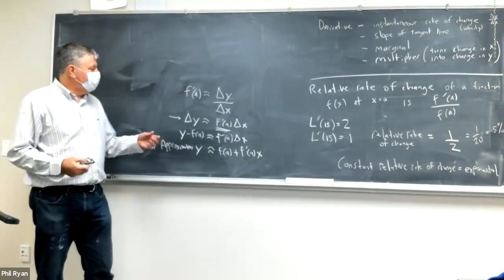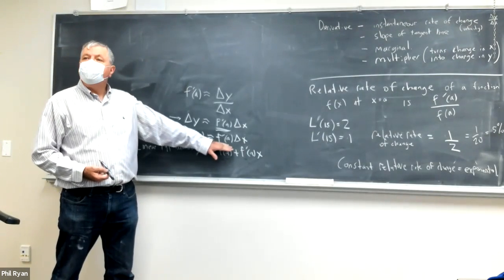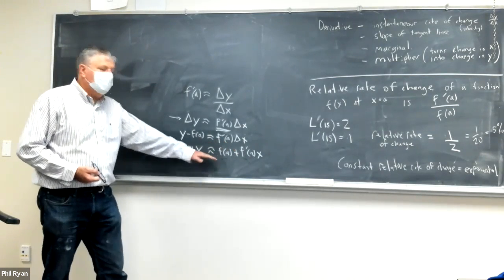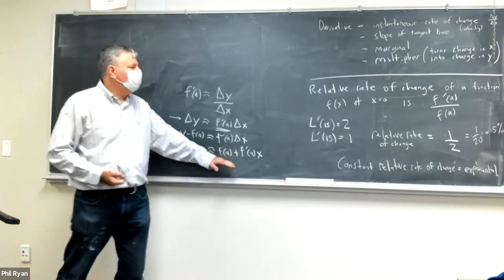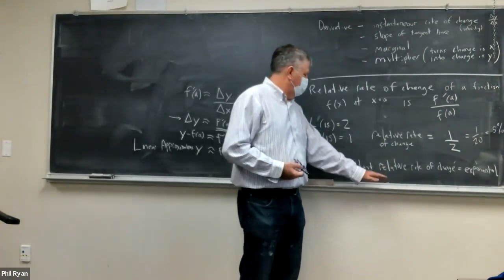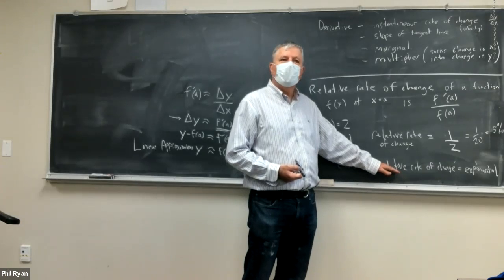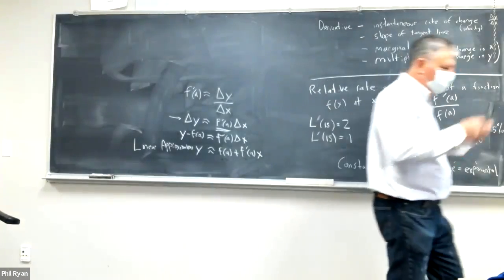If the absolute rate of change never changes, let's say it's always 2, that just means we have a straight line, something linear. If the relative rate of change never changes, that means we have something exponential. We've got something that grows at 5% each time.